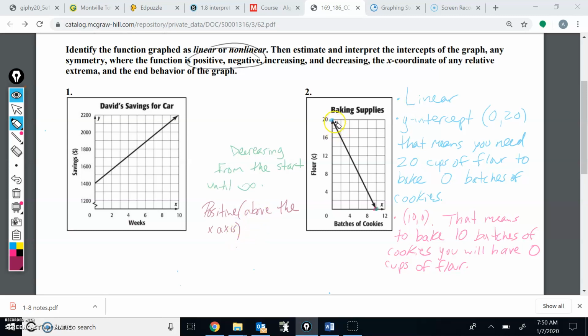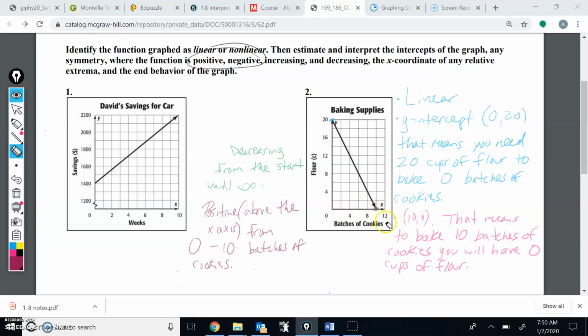So it's positive from 0 batches of cookies until 10 batches of cookies. Because if this graph kept on going down, it would then be below the x-axis. So that's why it's only positive from 0 to 10.